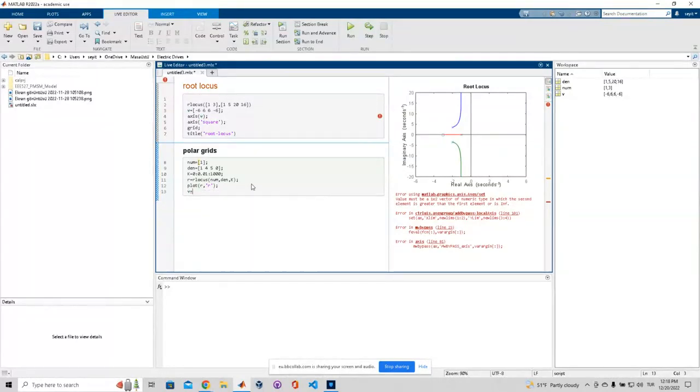So let's define our scale. Two. Correct. And then you're writing your axis, z-axis.